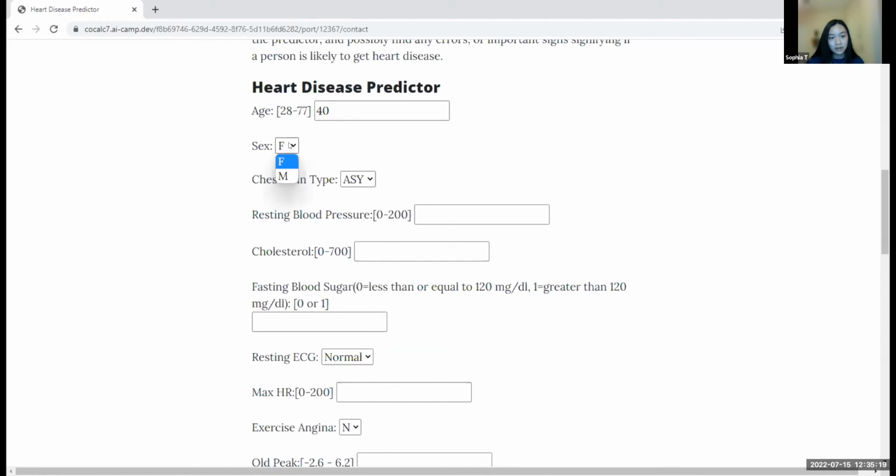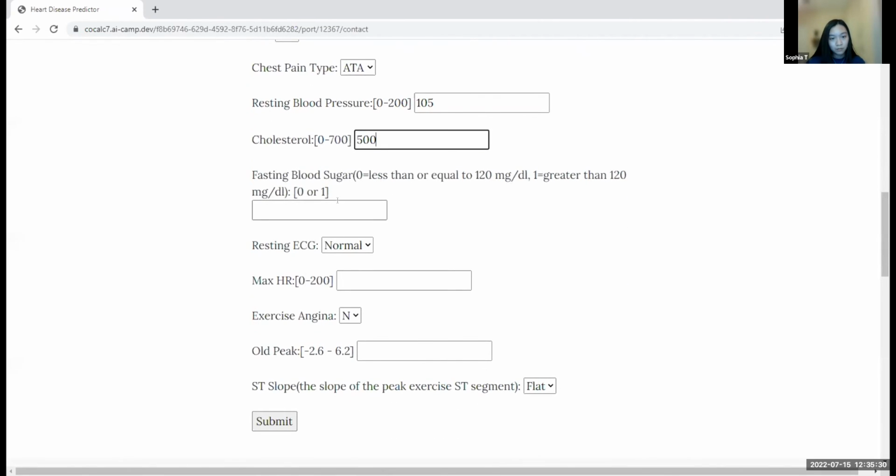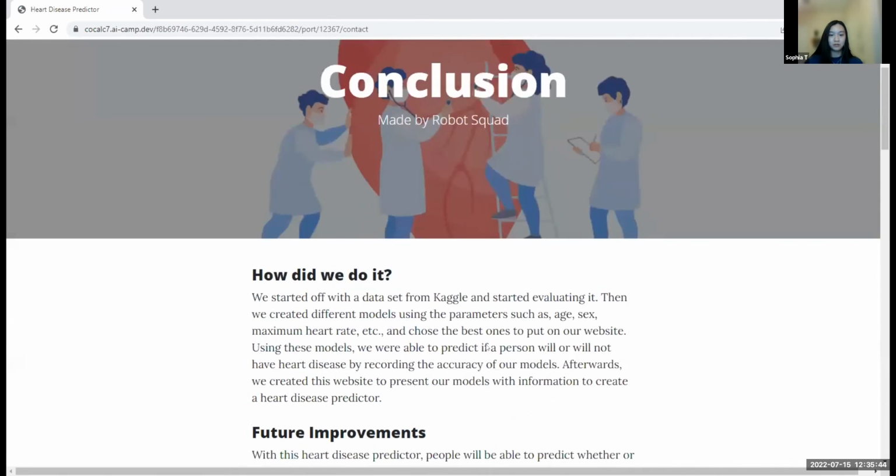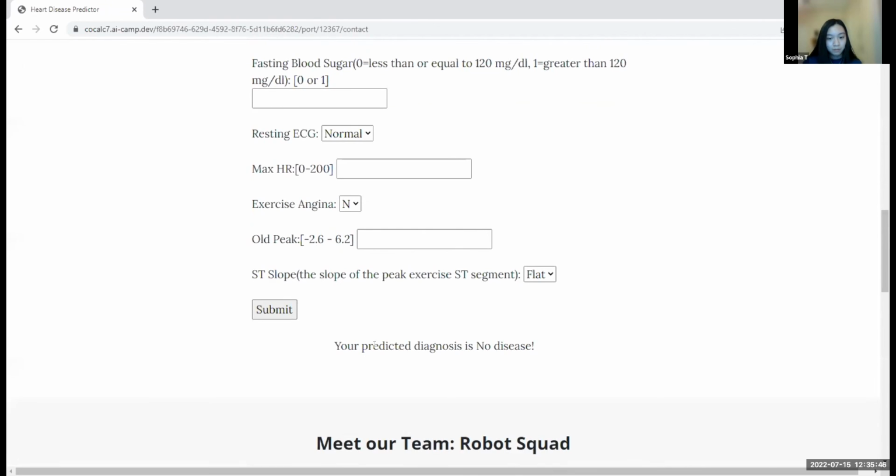And then the sex, they have different drop downs that you can choose. And then now I'm going to submit it to see a result. And I don't have a heart disease.